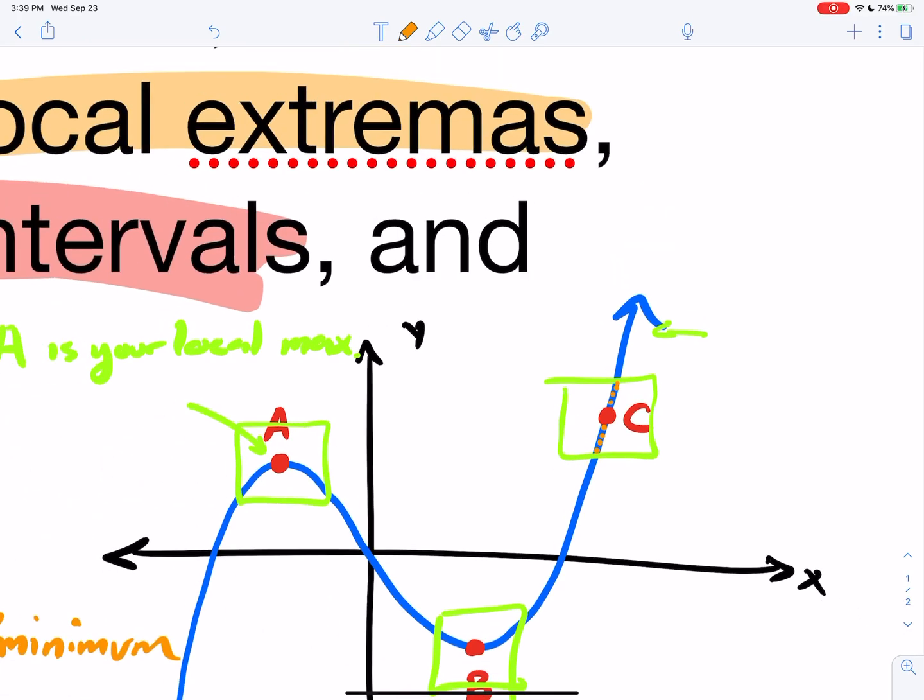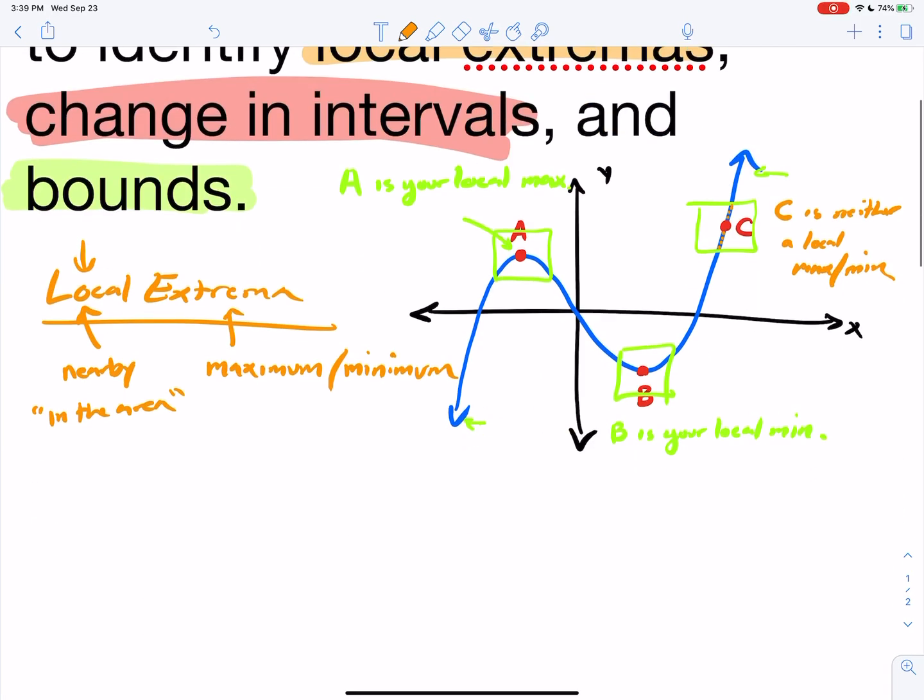So here, this is the case where C is neither a local max or min. That's pretty much it. You guys are being able to identify if we have any local extremas.